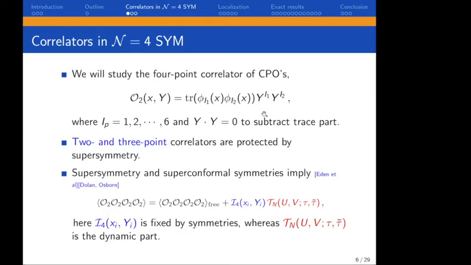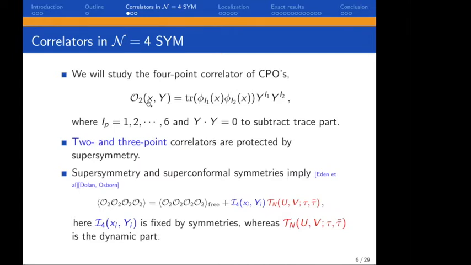And the trace part is the so-called Konishi operator, which is non-BPS. Said in another way, the operator we're studying here is a BPS operator. It's protected by supersymmetry, and it has a conformal dimension 2, no matter if you turn on the quantum corrections, so 2 is protected.